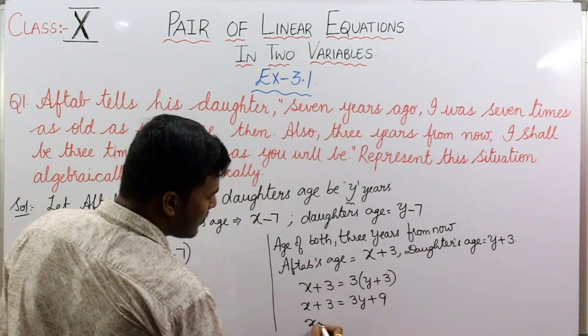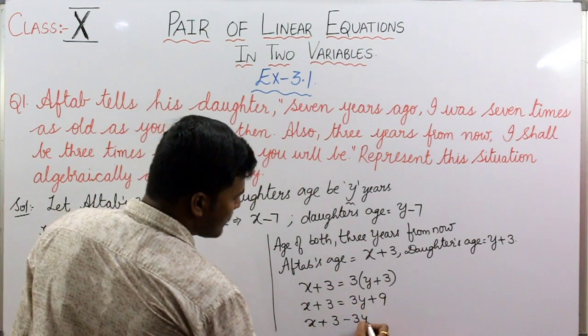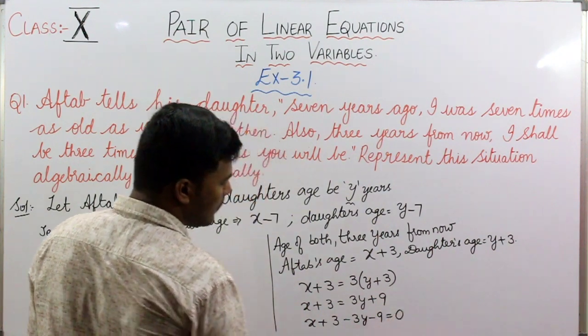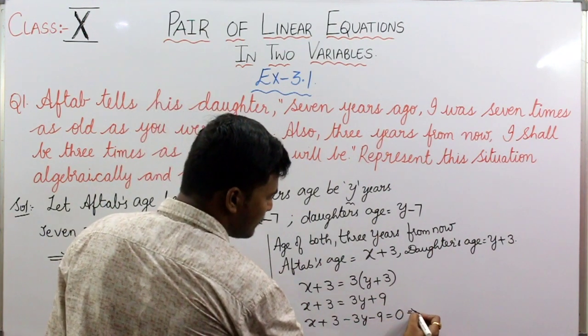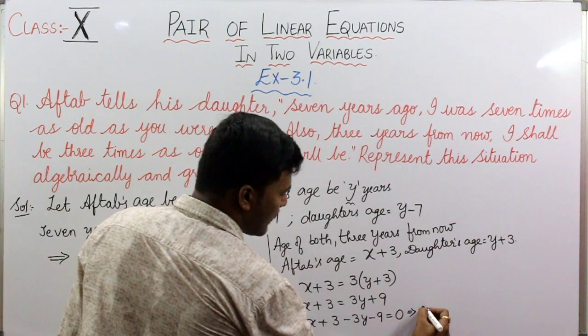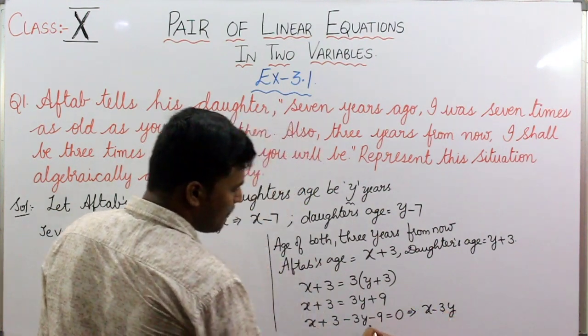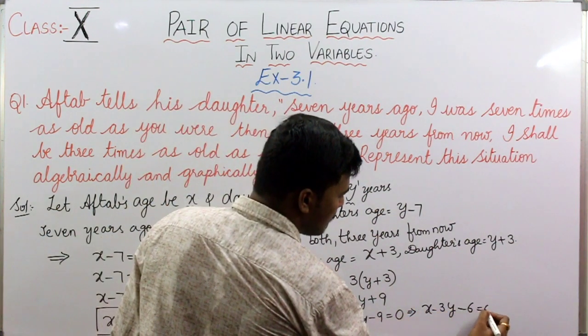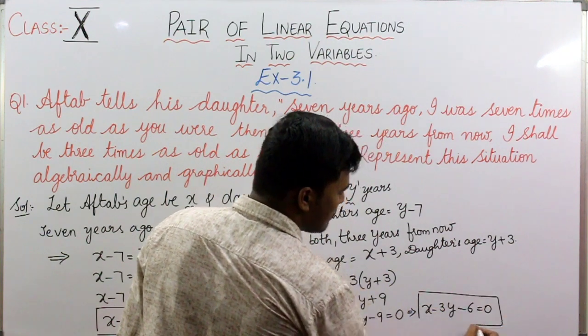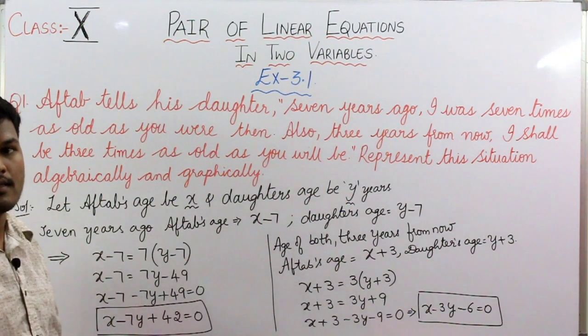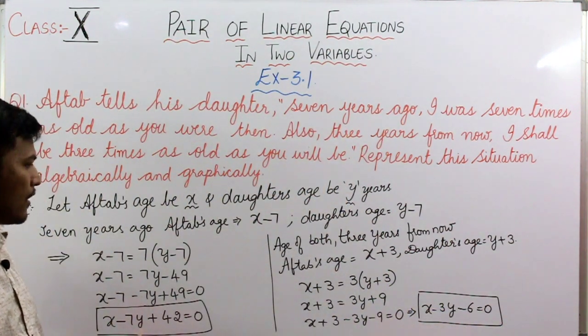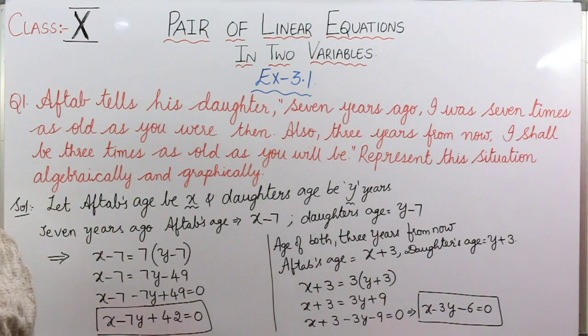Get all the terms to one side: x plus 3 minus 3y minus 9 is equal to 0. So this will become x minus 3y minus 6 is equal to 0. This is the second equation. Now we have represented them algebraically.